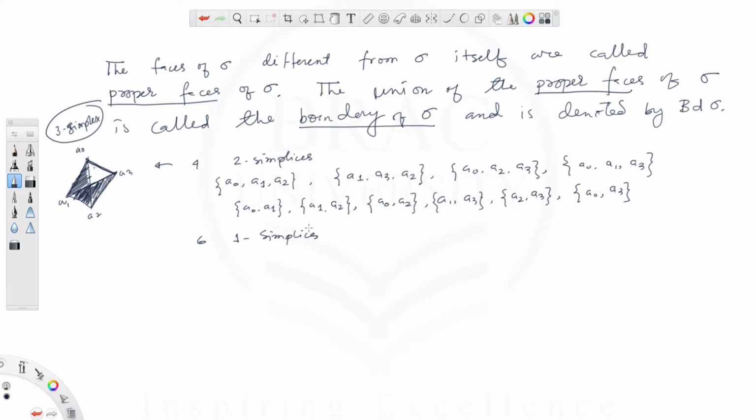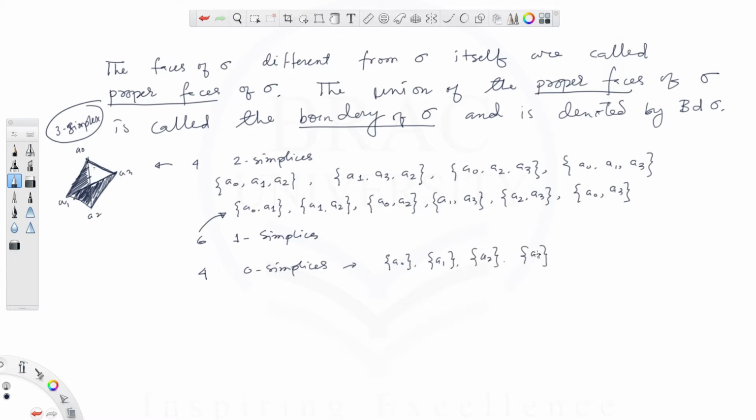And how many vertices are there? There are 4 only, right? 4 zero simplices. So these are the 6 one simplices, and the 4 zero simplices are A0, A1, A2, and A3.